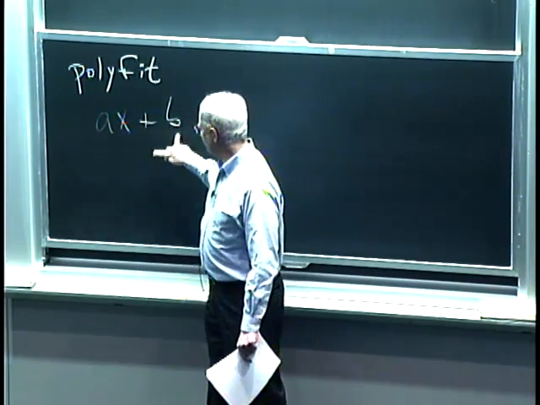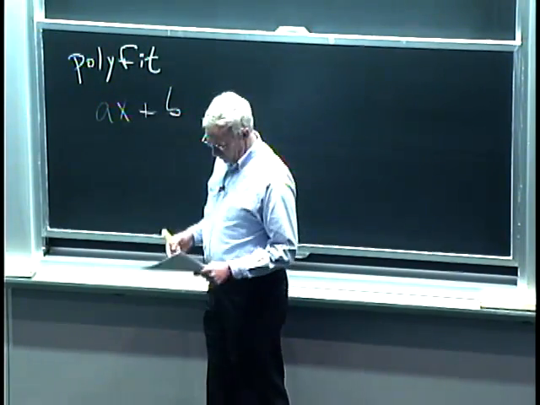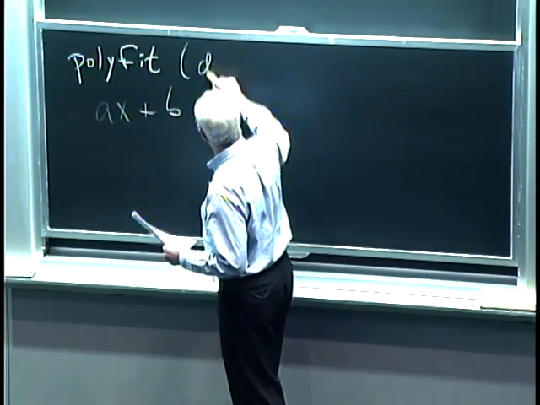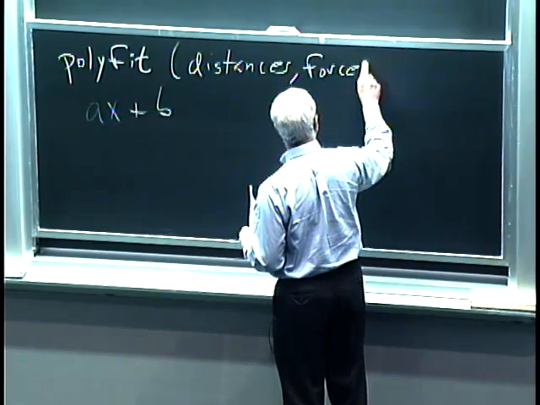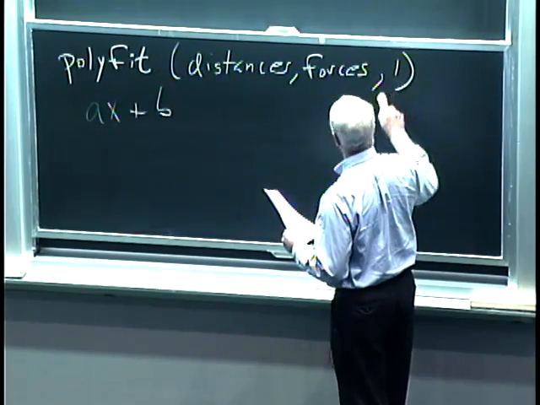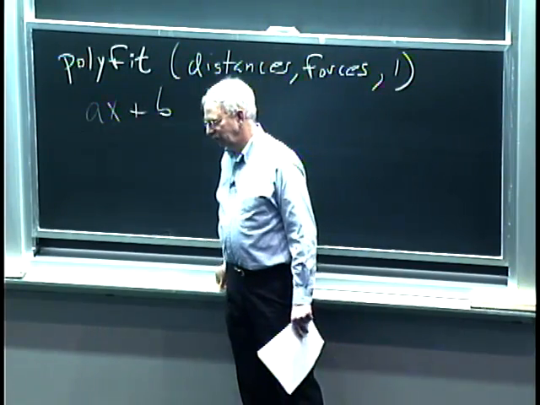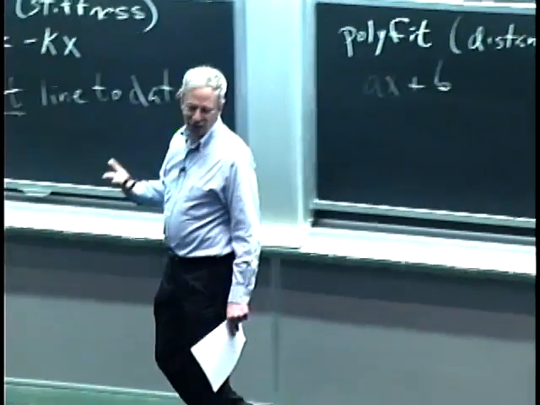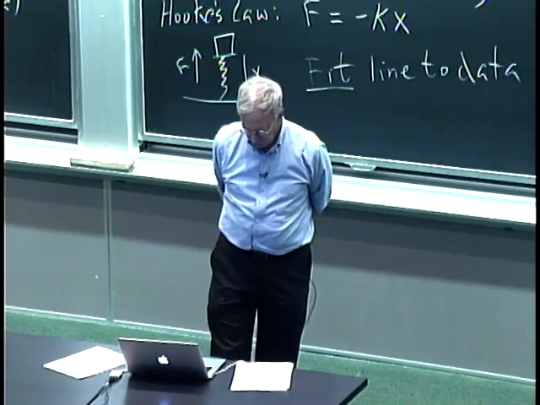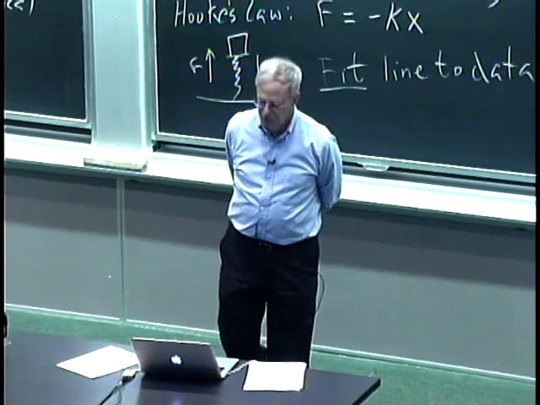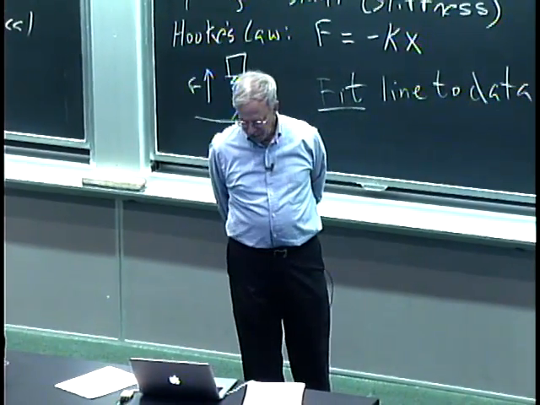I multiply a by x, and I add b to it. And as I vary x, I get new values. So polyfit, in this case, will take the set of points defined by these two arrays and return me a value for A and a value for B. Now here I've assigned A to K, but don't worry about that. And then I'm going to generate the predictions that I would get from this K and B and plot those.